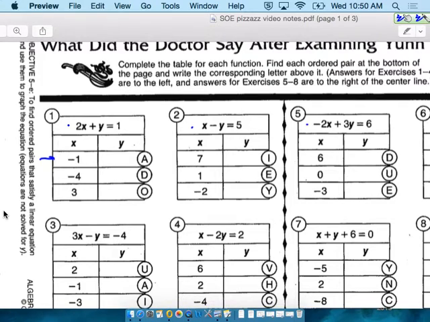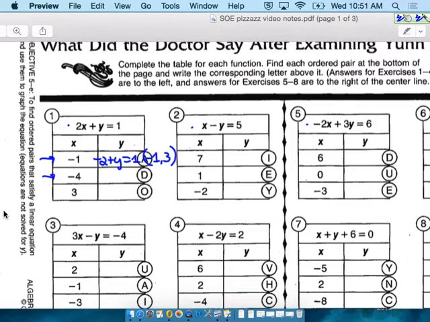So in the first, you would evaluate the line and let x be -1 and get the y value that goes with that. So if x is -1, then you would have -2 plus y equals +1, and y would equal +3. So the ordered pair here would be -1, +3.